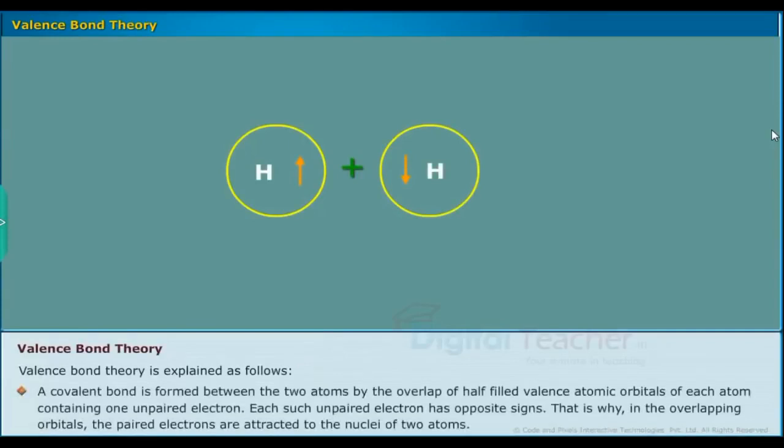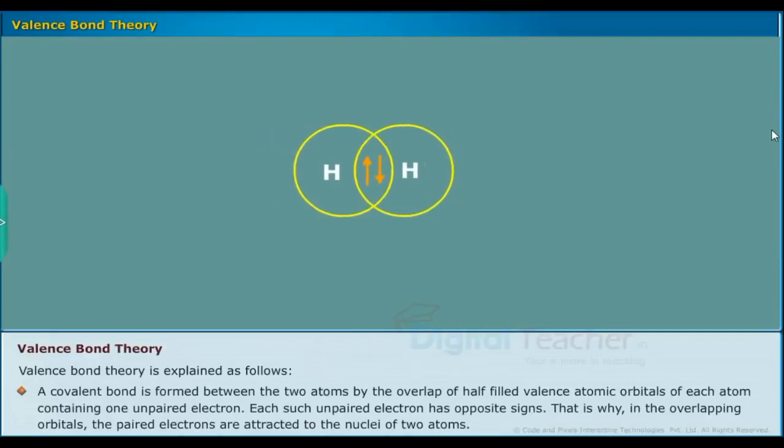A covalent bond is formed between two atoms by the overlap of half-filled valence atomic orbitals of each atom, each containing one unpaired electron. Each such unpaired electron has opposite spin. That is why, in the overlapping orbitals, the paired electrons are attracted to the nuclei of both atoms.